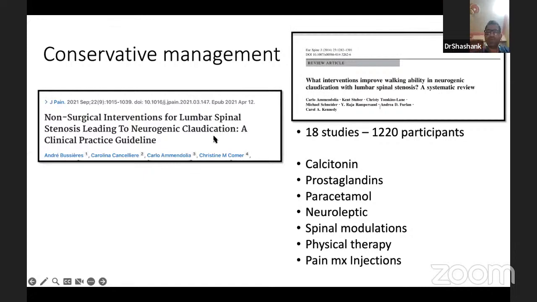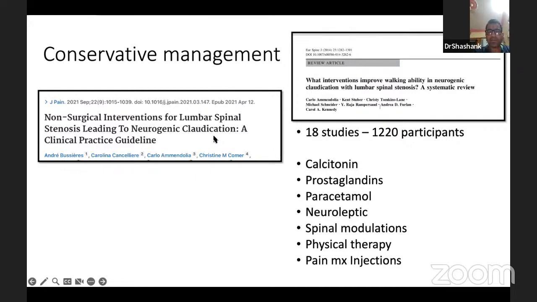Hello. I had a question for Dr. Priyank sir. As he said, we should be focusing on pain blocks, nerve root blocks, for management of one-level lumbar canal stenosis. How effective are nerve root blocks in soft tissue lumbar canal stenosis and in bony lumbar canal stenosis?